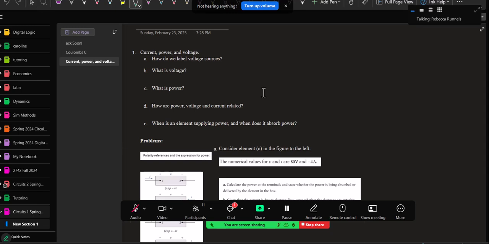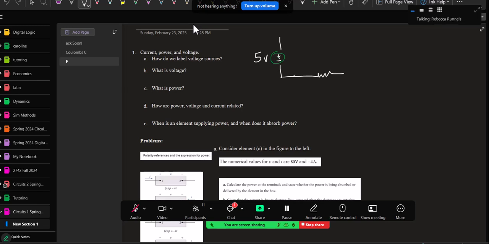So the way we label voltage sources is, if I have a voltage source and I have a plus and a minus, and I have it labeled as 5 volts, that means the positive side is 5 more than the negative side.